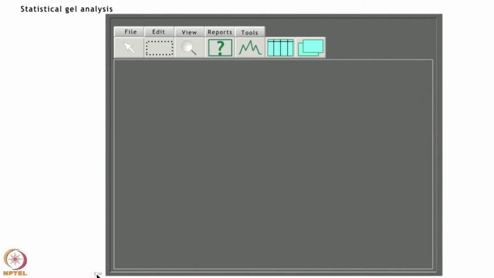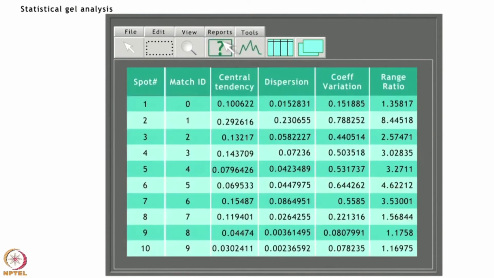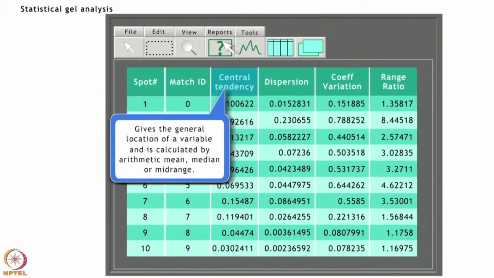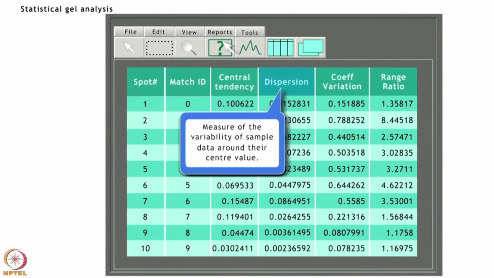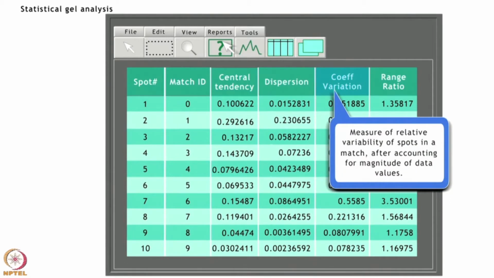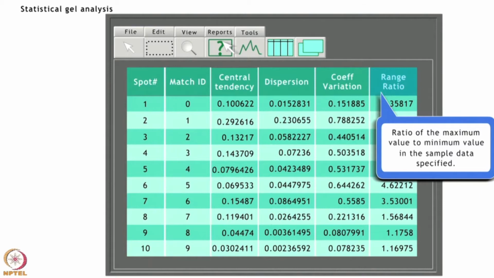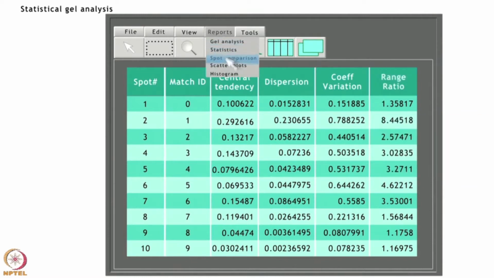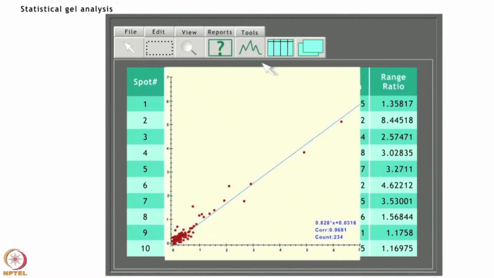In addition to physical parameters, several statistical parameters can also be computed for each spot on the gel, such as central tendency, mean, median, dispersion, coefficient of variation, standard deviation, etc. Scatter plots and histograms can also be plotted for clear data analysis.